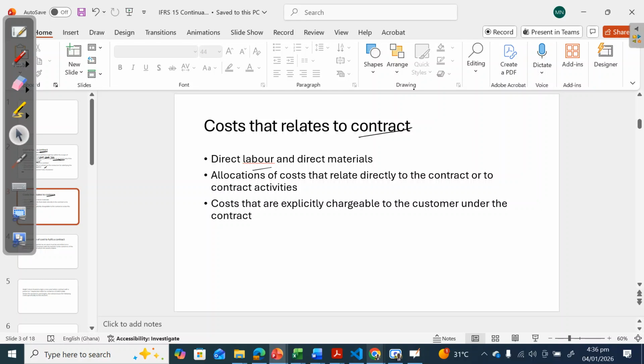For road construction, you need labor force. You need people, construction workers, to work on the project. You need sand, cement, stones, granite, bitumen, and so on and so forth. So all those are costs that relate to the contract.